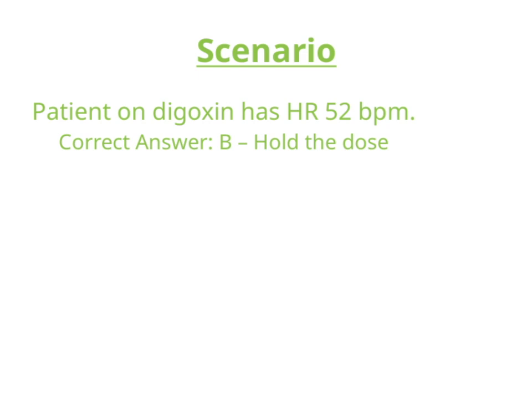This is a critical point because digoxin can cause or worsen bradycardia, especially if the dose is too high or if there are other contributing factors. So the correct response here is to hold the dose. That's because continuing digoxin at this point could lead to more severe bradycardia or other toxicity symptoms. It's always important to recognize these signs early and take appropriate action.